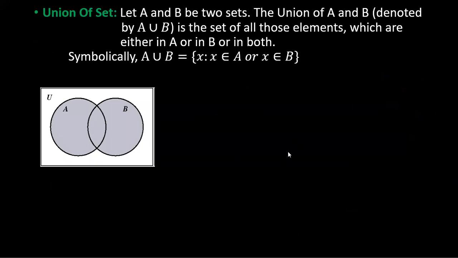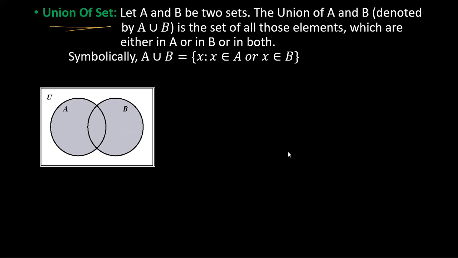Now another important part of set theory, that is union of sets. What is union? Union of sets is nothing but the set of all elements in the listed sets.